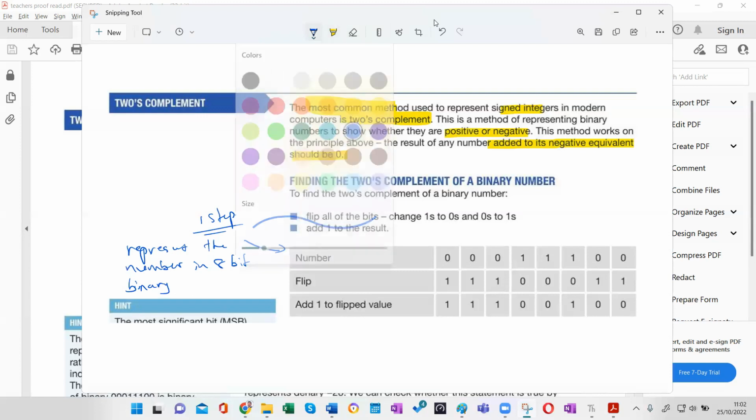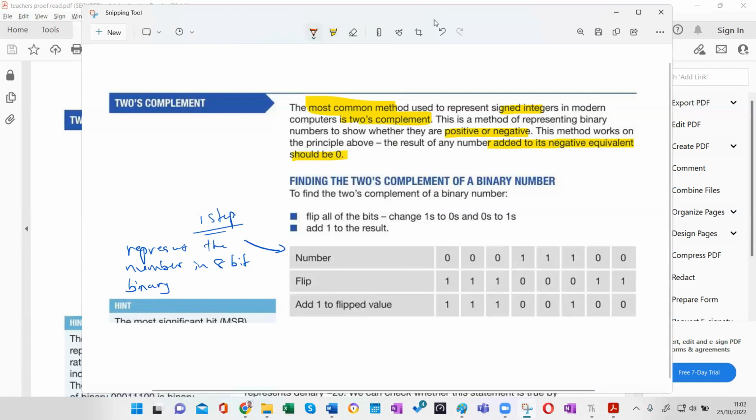Okay, let's find out what this binary number that we have represented here is. So you write the positional values 1, 2, 4, 8, 16, 32, 64, 128. Feel free to tell me if you don't understand. That is because we have 8 bits.